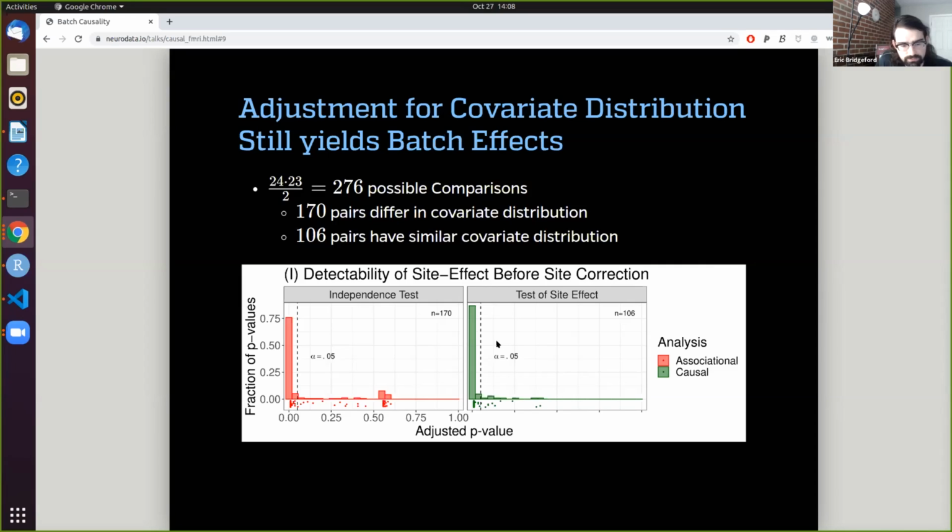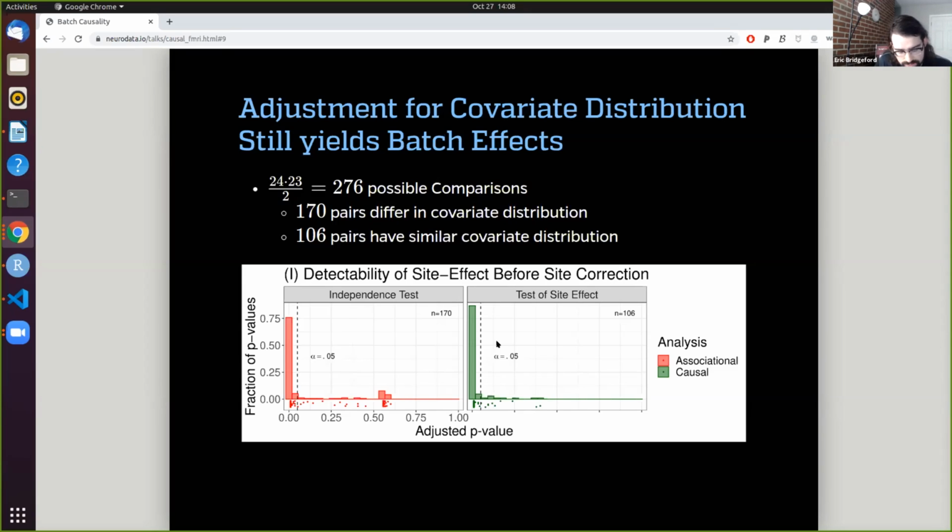We had 170 pairs that differed pretty substantially in the covariate distribution, where we did not think such a comparison was warranted. Either the covariate distributions didn't overlap whatsoever, or there were only a very small subset of the individuals in that shared region of the two covariate distributions.